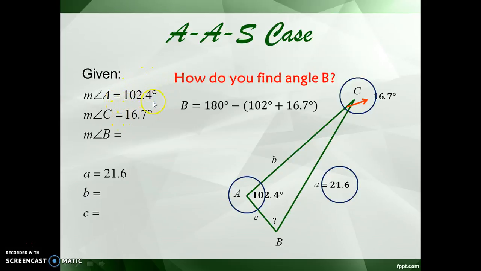So we get 60.9 degrees. Therefore, the measure of angle B is equal to 60.9 degrees. Understood?